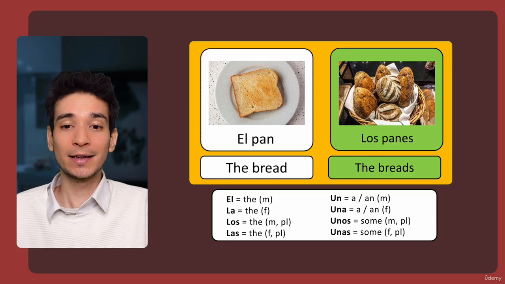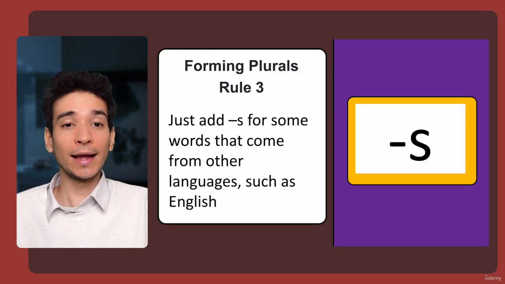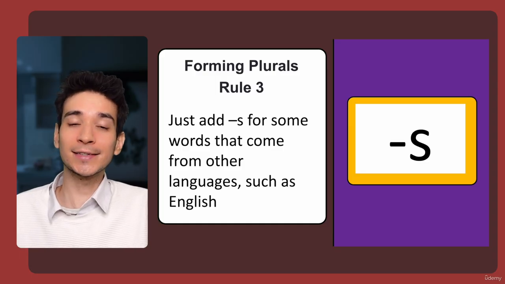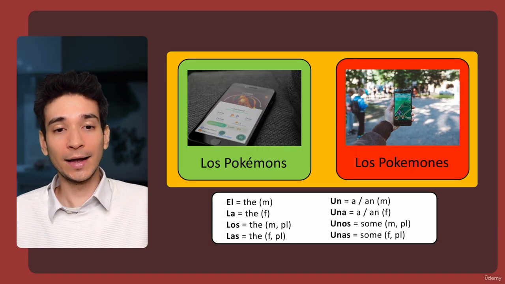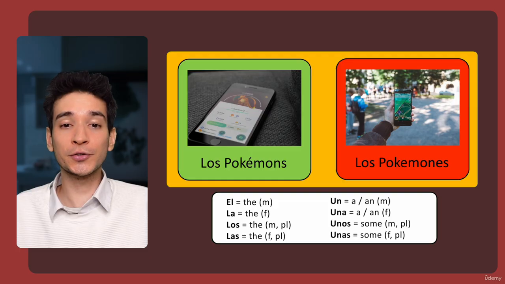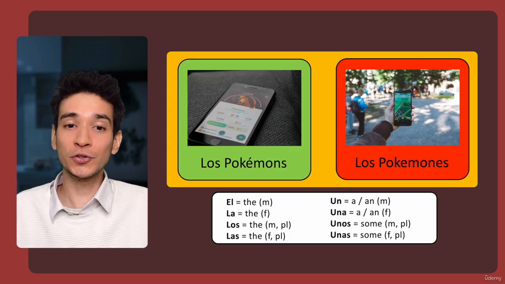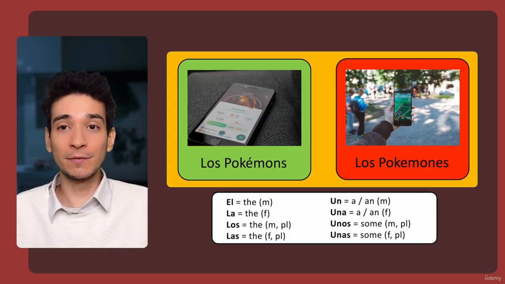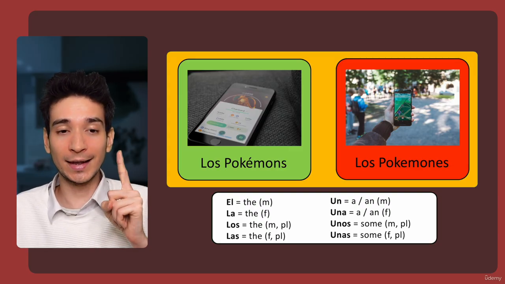The breads. And another rule is that you add s for words that come from other languages, such as English. An example will be los Pokémons. So this one is a foreign word. If you have one Pokémon, we would say el Pokémon.